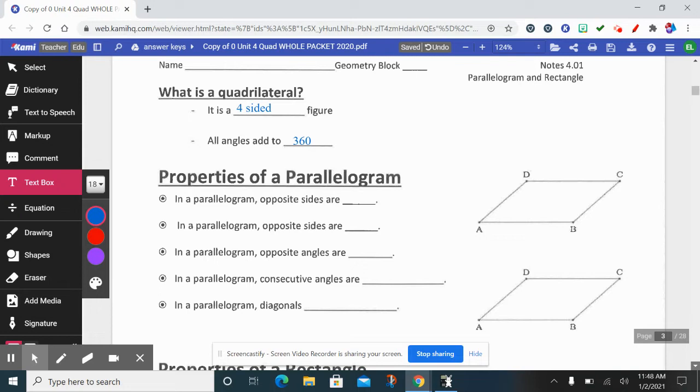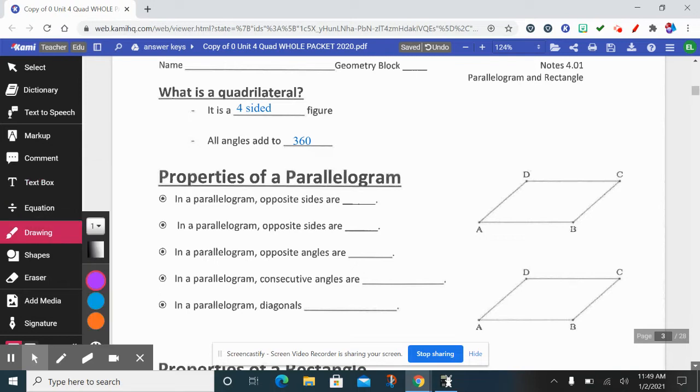In a parallelogram, opposite sides, like DC here and AB here, are going to be congruent. Opposite sides are also going to be parallel, meaning those run in the same direction, left to right. These kind of run in a northeast fashion, left bottom to top.